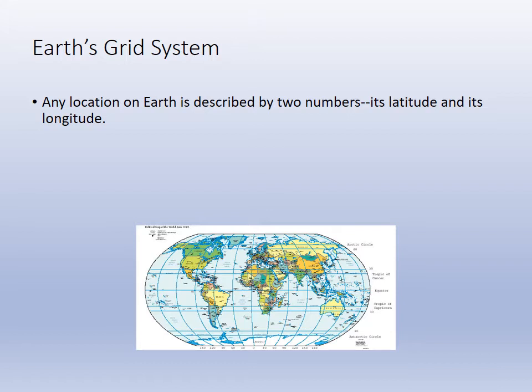Usually in math it's X comma Y coordinates, and on the Earth it's latitude comma longitude coordinates. They are not in normal numbers, they're in degrees. So you would give the degrees north or south for latitude. Please put N or S, and then east or west for longitude.